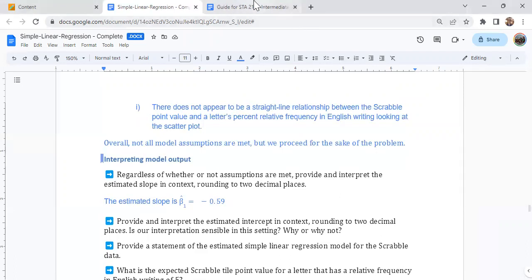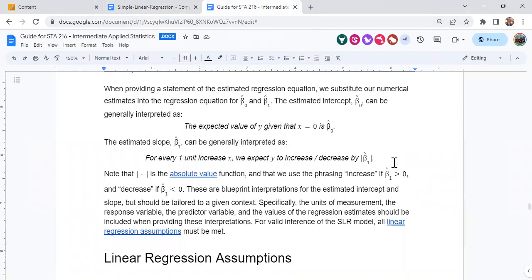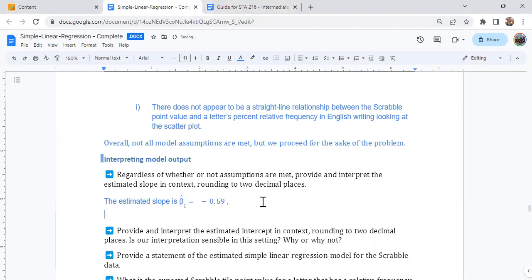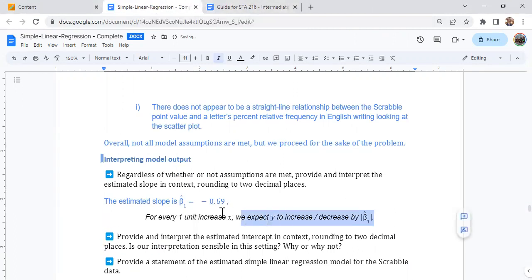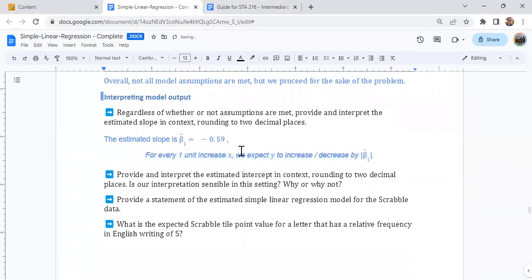Interpreting the slope in context, here's again where I give a blueprint interpretation in the guide document. So let's copy that. For every 1 unit increase in X, instead of saying unit increase in X, what should we say here?